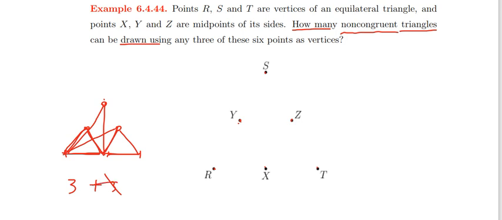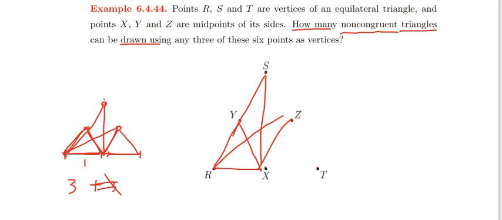So we can only count 3. If this side is 1, we can choose this triangle, this one, and this one. We have 3 triangles, right?